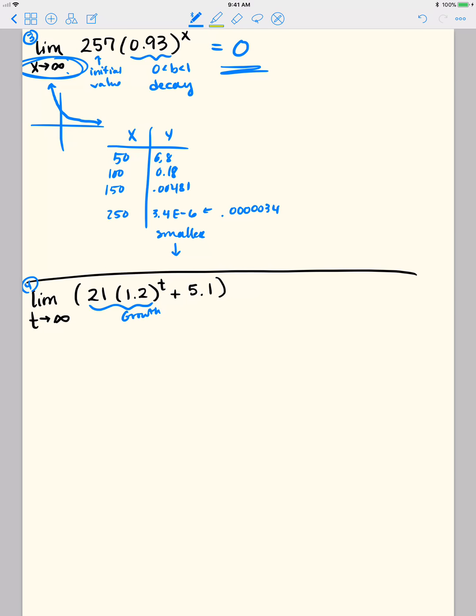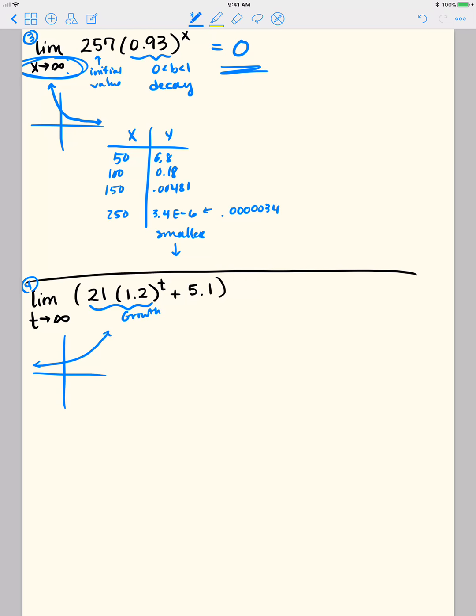So the 21 is just an initial value. And if you remember the way a growth function looks, exponential, as the t value gets bigger and bigger, it just grows. It grows infinitely large.